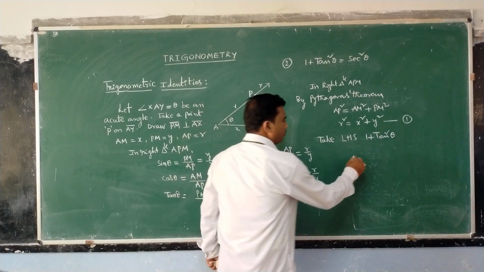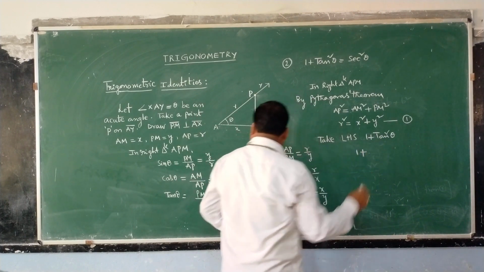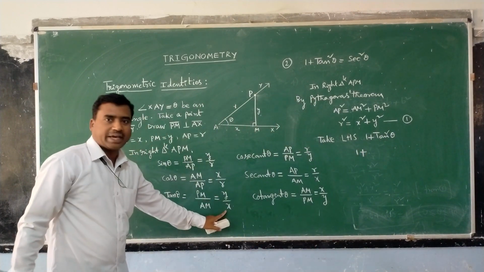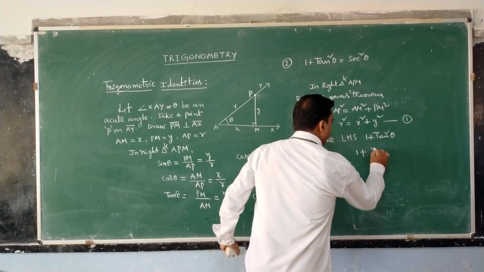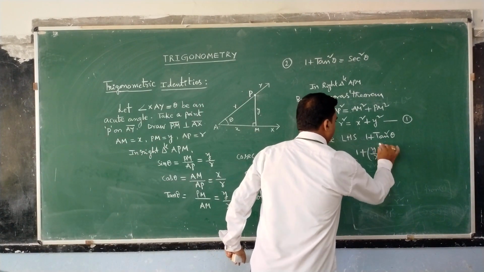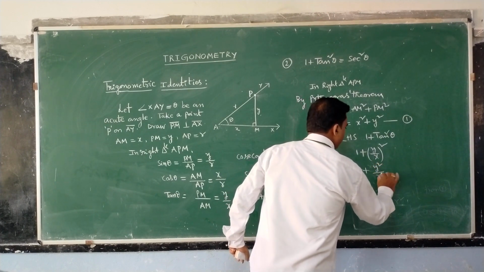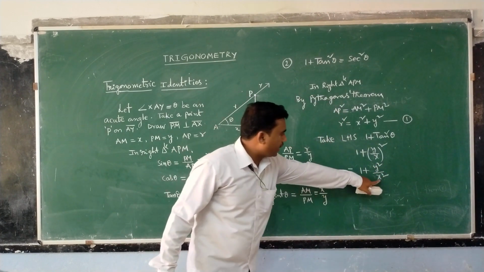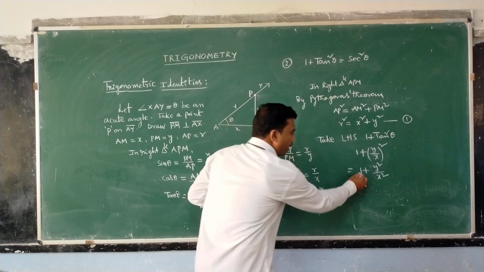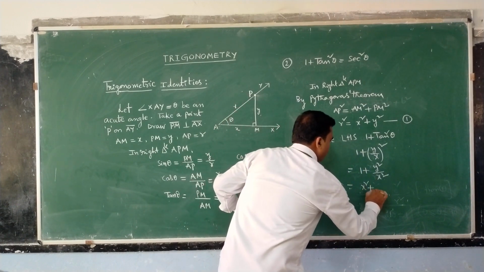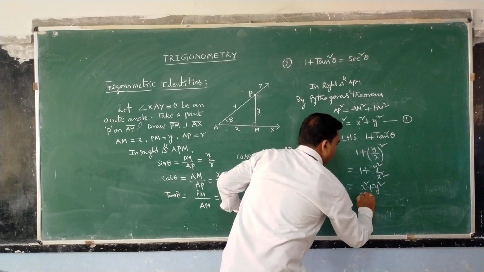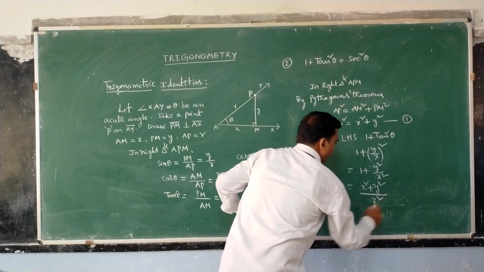So that is equal to 1 plus, tan theta is equal to y by x, so (y by x) whole square, that is equal to 1 plus y square by x square. Now taking x square into 1, x square plus y square by x square.